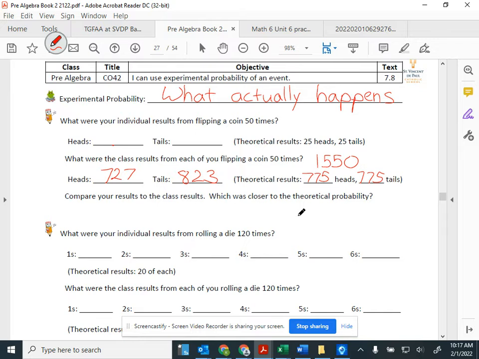So let's say we were one of my friends that got 22 and 28. How can we find the percentage for heads? Izzy? It was out of 50, so 22 out of 50 would be what percent? What is it? 44%. So what would the 28 be?